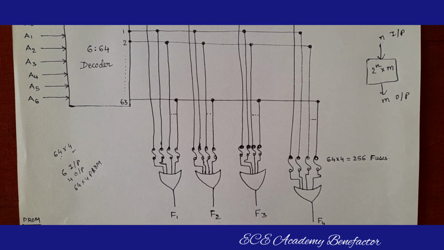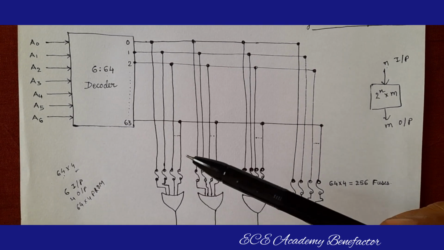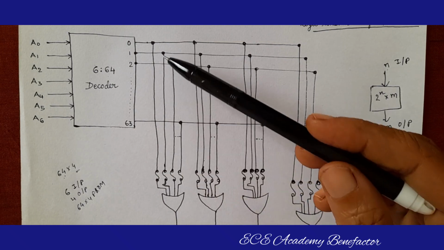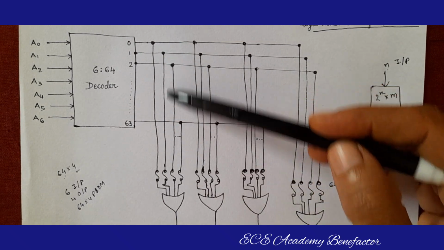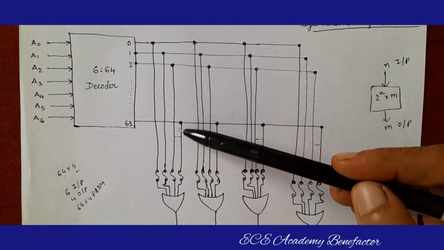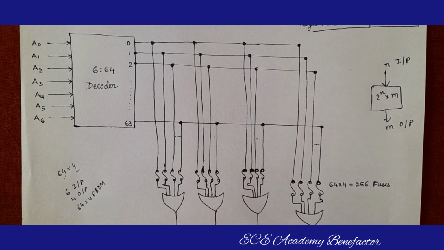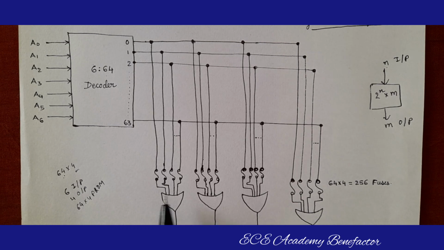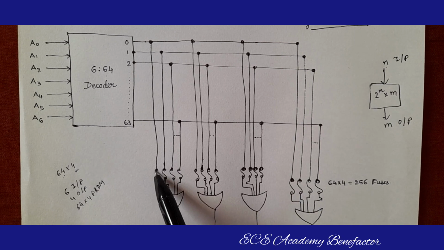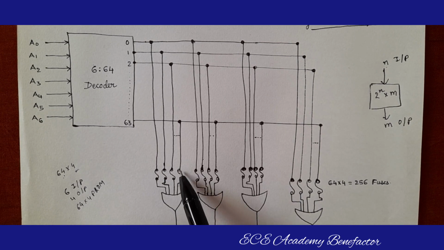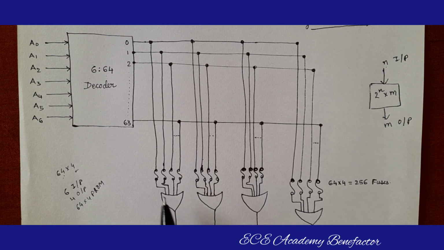Okay. So, the first OR gate, how do we draw this one? We will connect from 0, 1, 2 and so on till 63. These dots mean they are connected, all the 64 lines are connected to this OR gate. So, these are fuses. Depending on the output required, that fuse will be blown off.